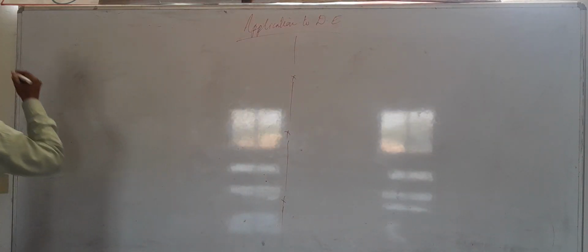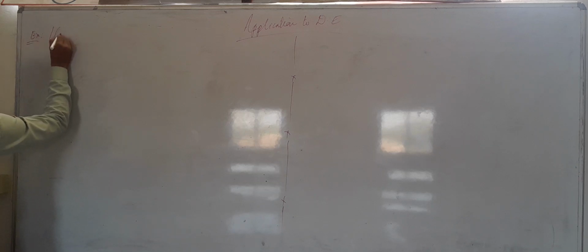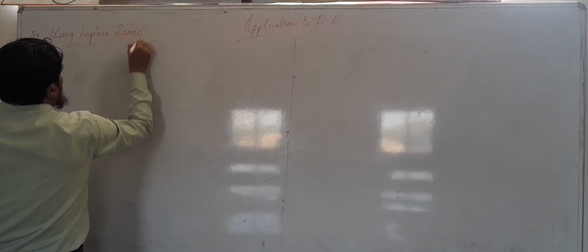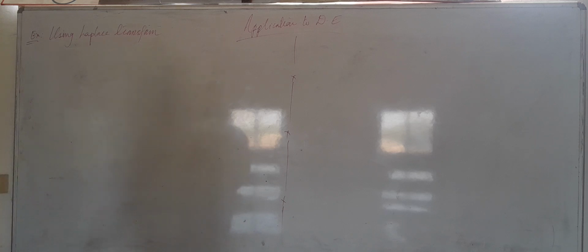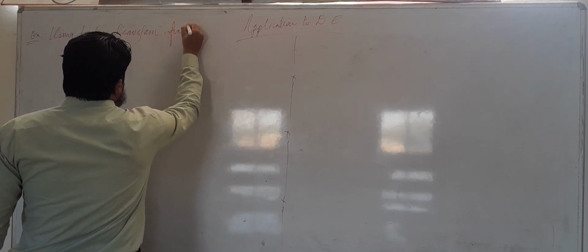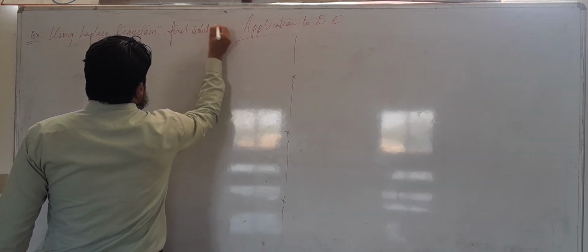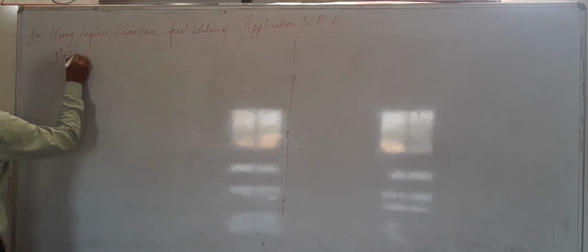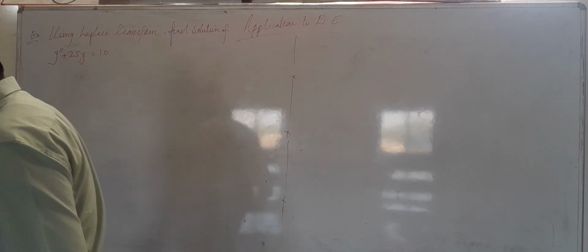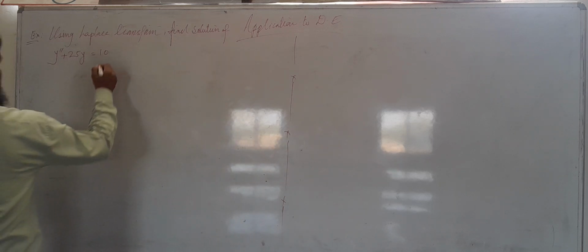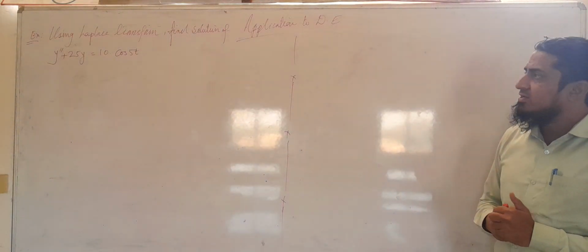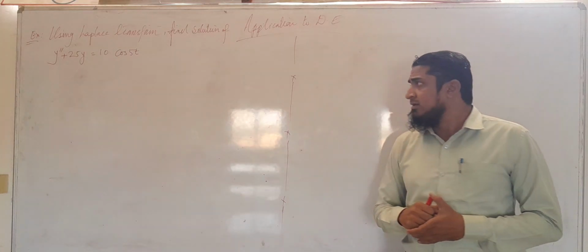The example is as follows: using Laplace transform, find the solution of y double dash plus 25y equals 10 cos 5t.